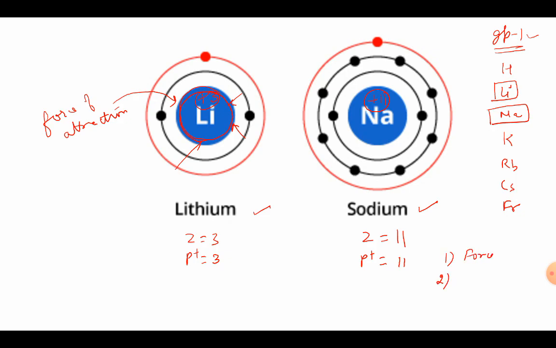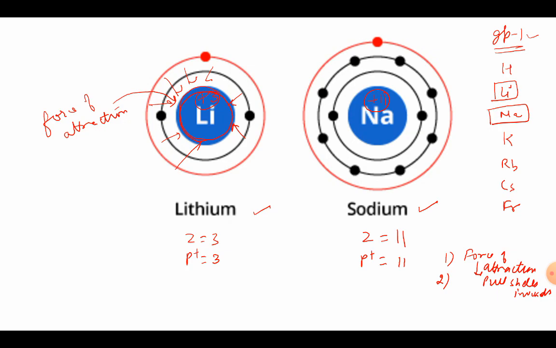First one is the force of attraction by the nucleus, and we need to understand that this force of attraction will always pull the shells inwards. Okay, so it means that the force will pull the shell inwards and the size is going to decrease.